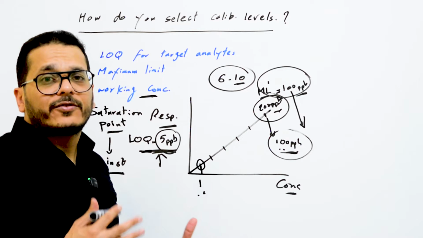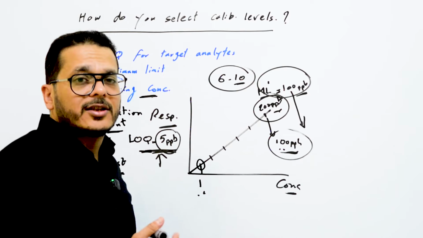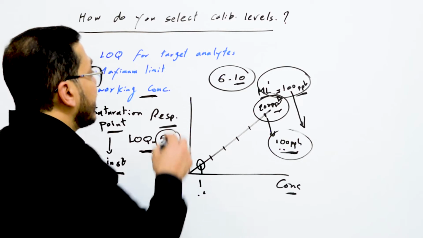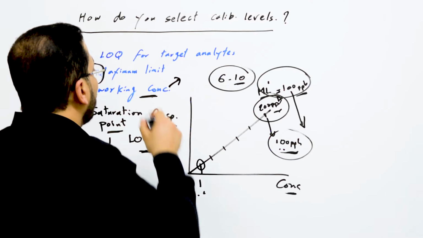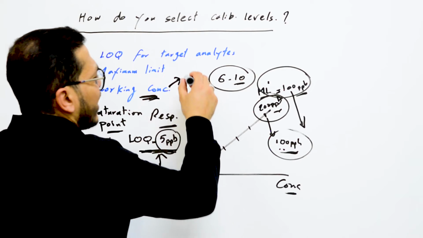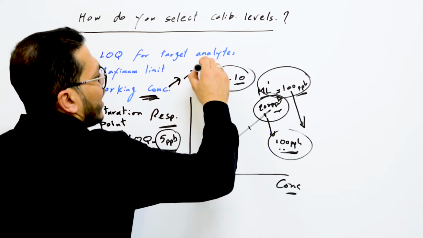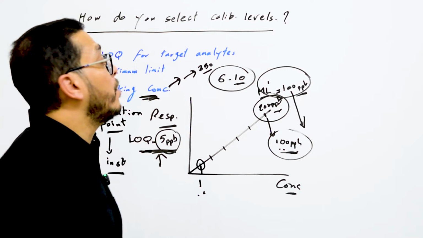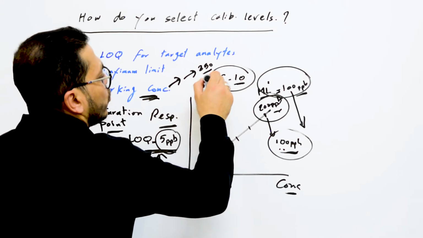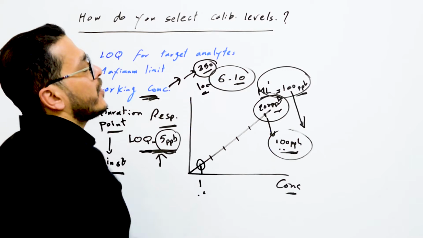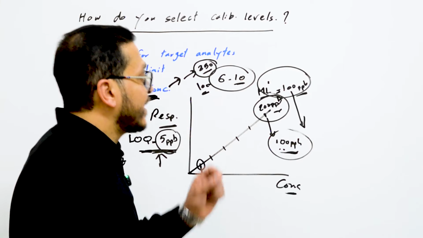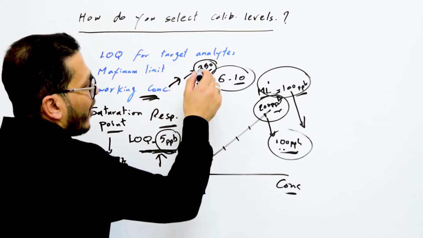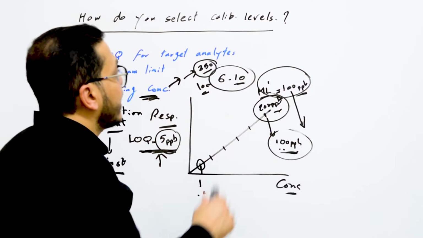As an example, if you analyze this target analyte for 1 month or 2 months, and you know that the concentration you can get for this analyte is up to, as an example, 250 ppb, 250 microgram per kilogram in the sample, then try to have 1 point higher than this point.